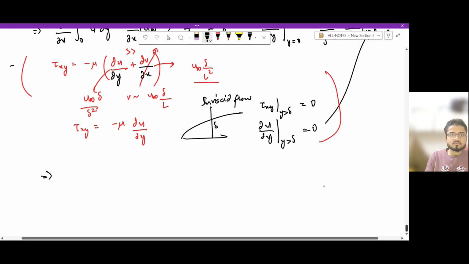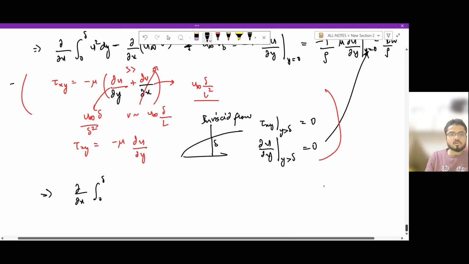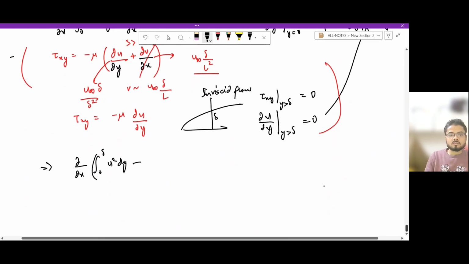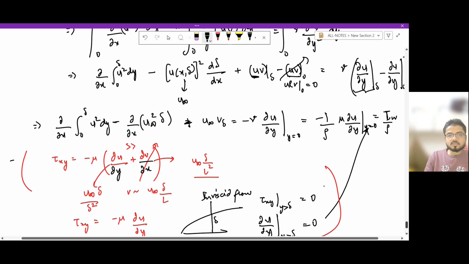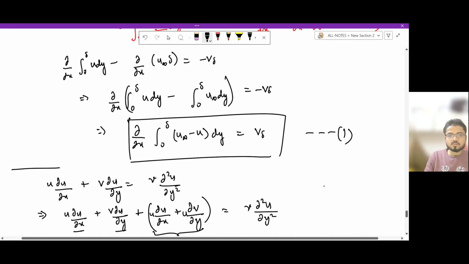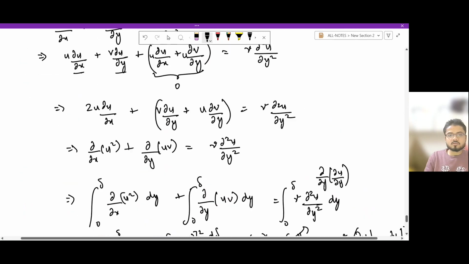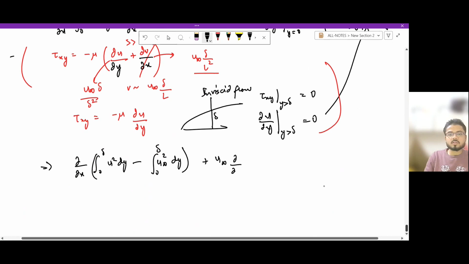So what this gives us is something like this. Del over del x of integral 0 to delta of u squared dy, minus u infinity squared dy integral from 0 to delta, plus u infinity times v delta, which can be obtained from this part. That is the deficit: del over del x of integral 0 to delta of u infinity minus u times dy.